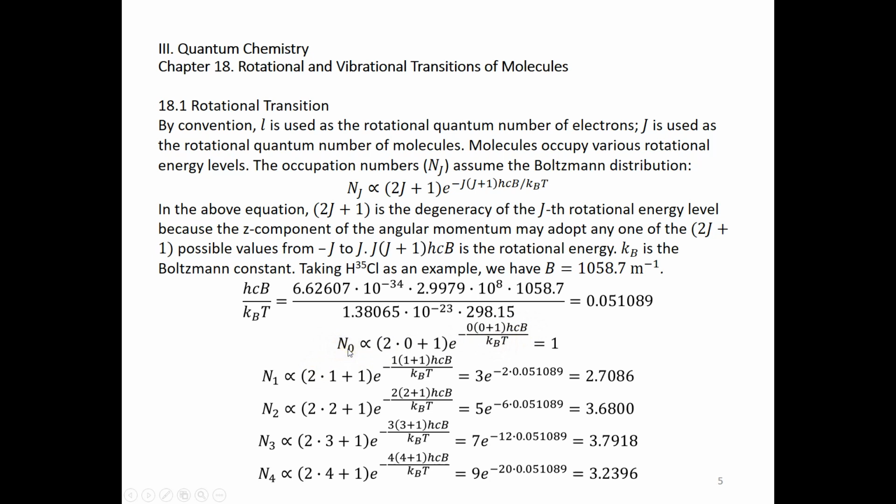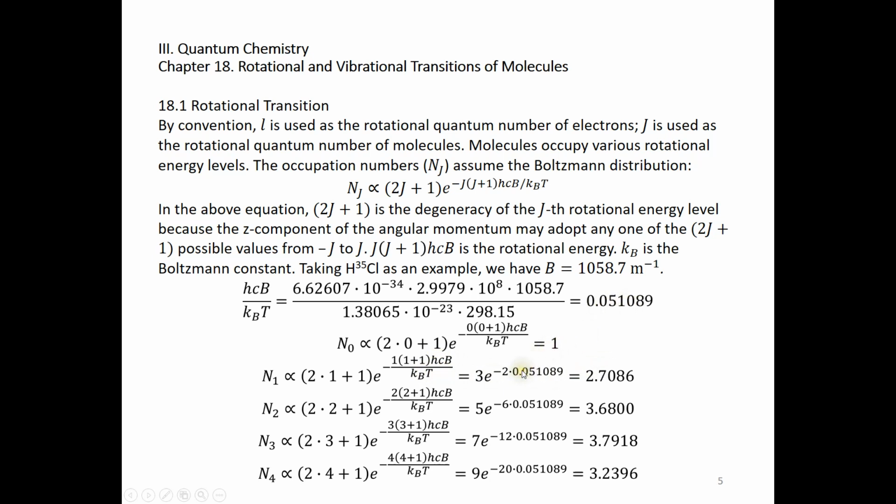When J is 0, 2J plus 1 is 1, and over here the rotational energy is 0, so this exponential function is 1. N sub 0 is proportional to 1. N sub 1 is proportional to 3 times e to the power of negative rotational energy over k_B T. Here J equals 1, so on top we have 1 times 2 times hcB, and hcB over k_B T is 0.051.